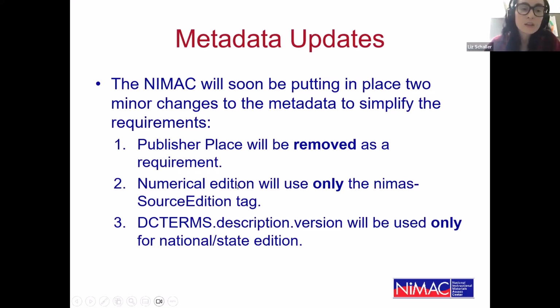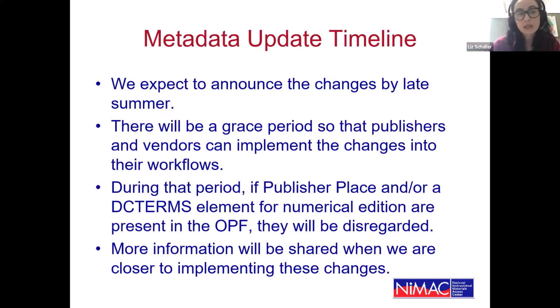And then the other major change is that numerical edition will use only the NIMAS source edition tag going forward. So the DC terms description version tag will be used only for the national or state edition. There will not be that duplication. We expect to announce these changes going into effect by late summer, and there will be a grace period so that publishers and vendors can implement the changes into their workflows.